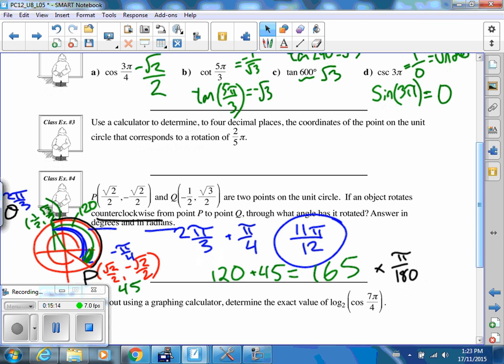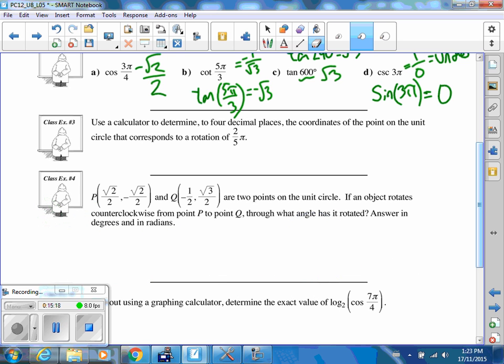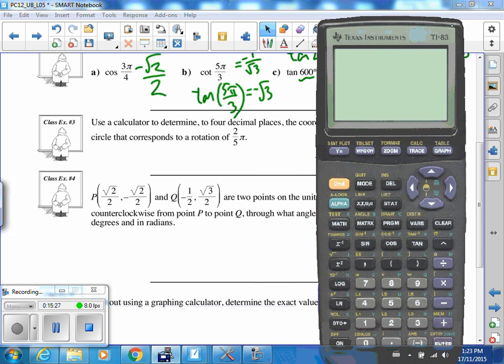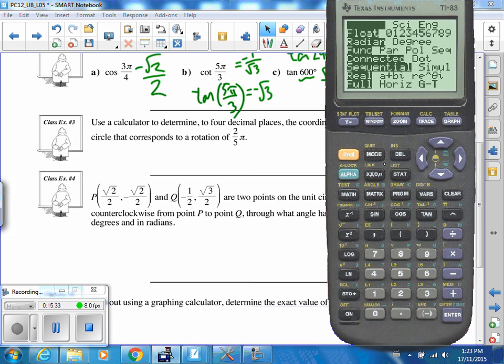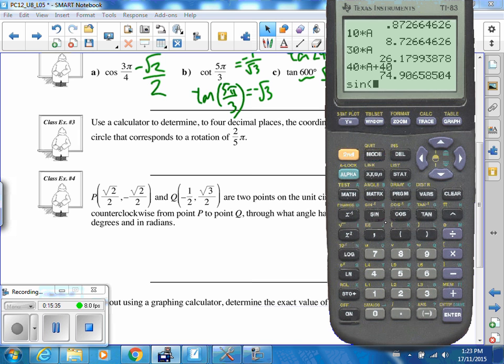Use your calculator to find the stuff that corresponds to 2 pi fifths. So if I go sine of 2 pi fifths, making sure that I'm in radian mode, sine of 2 pi fifths.